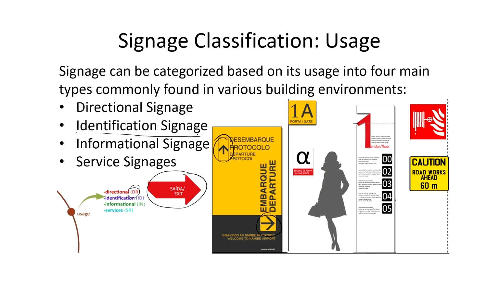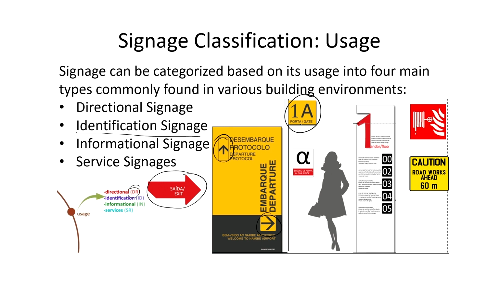Second one is identificational signages. Identificational signages are signages which serve to label and identify different elements within the building, including entrances or any facility or a room or a section. For example, if you see the gate, it is showing that 1A is this gate.